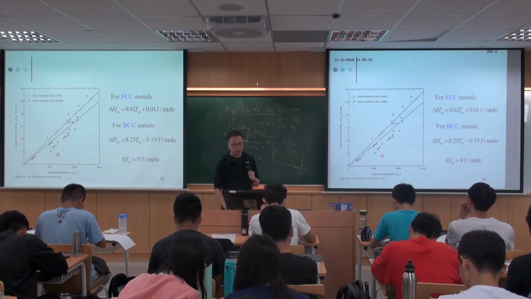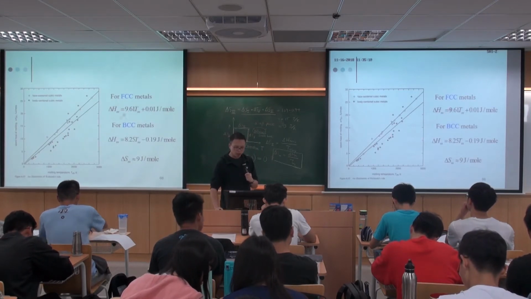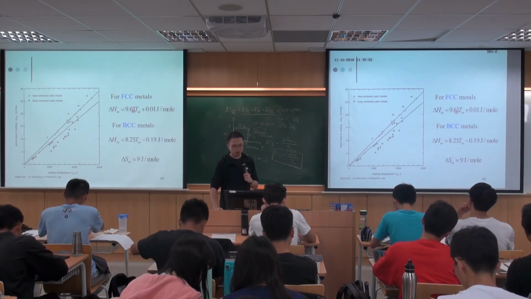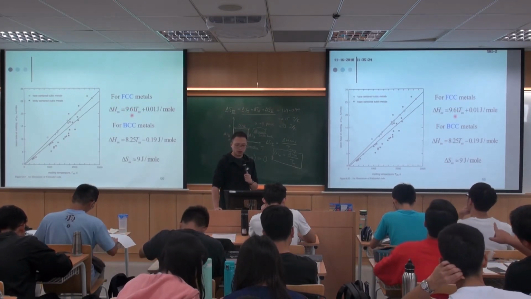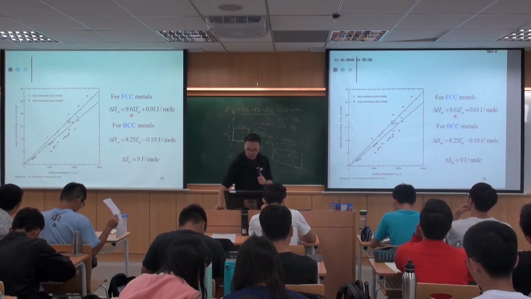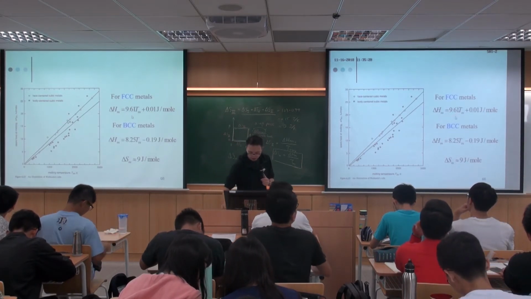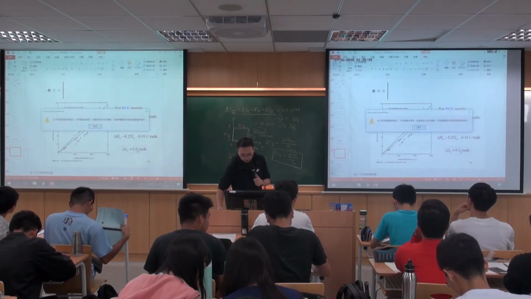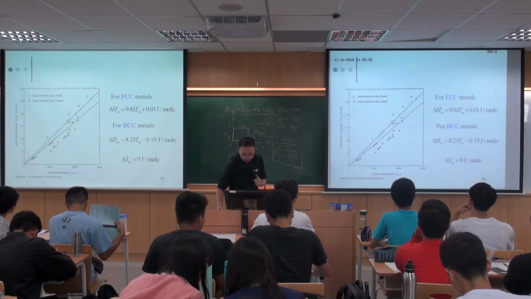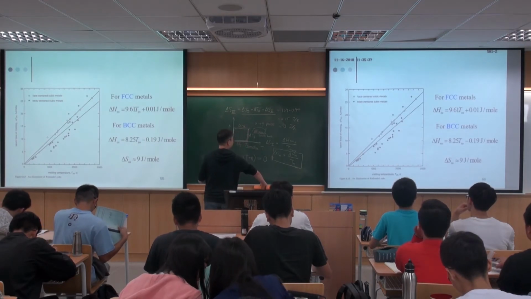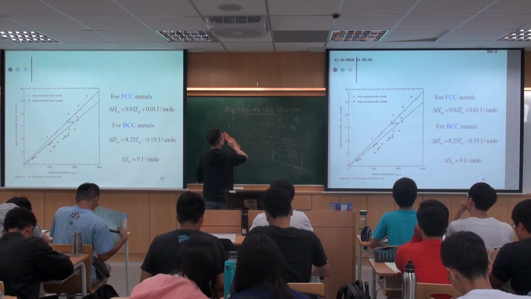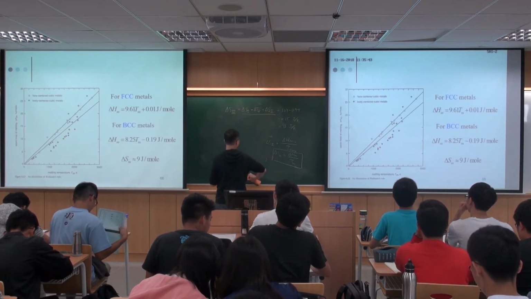So for FCC metals, at least from the fitting, it should be around 9.61 joule per Kelvin per mole.